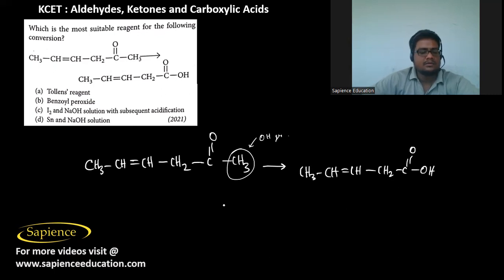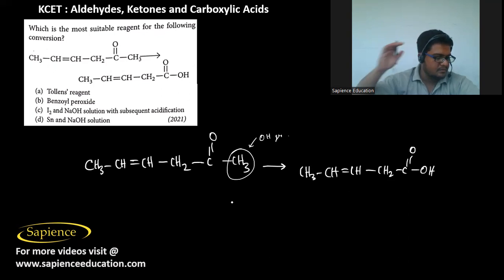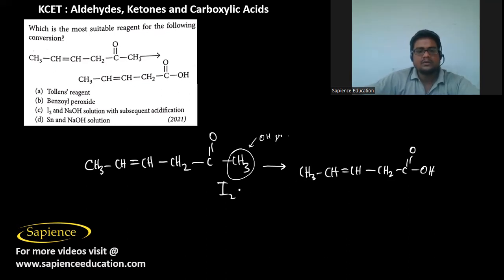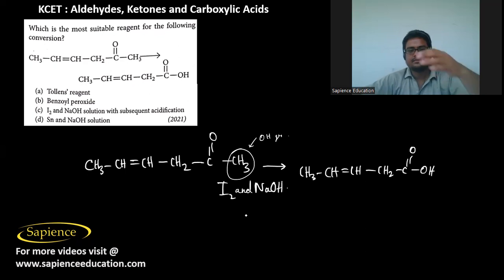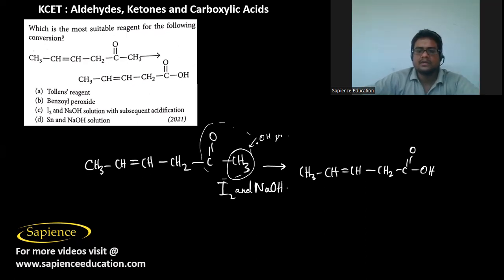So here we should first use I2 and NaOH, which is used in the iodoform reaction. Since here we have the CH3CO group, it will give the iodoform reaction.